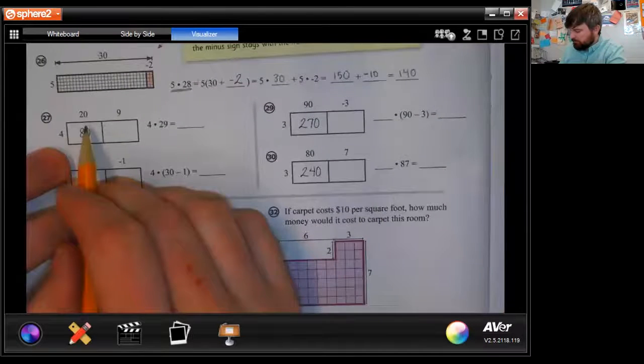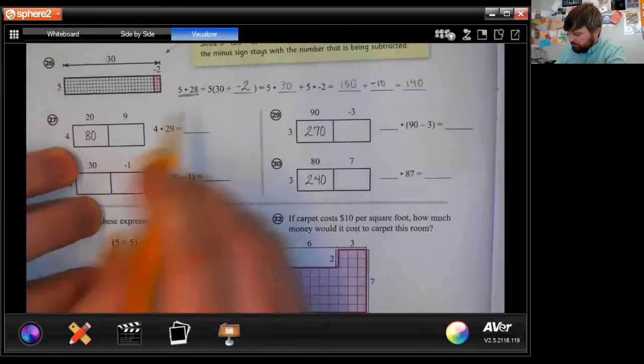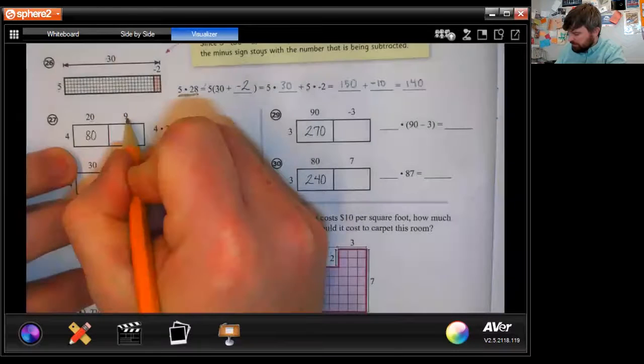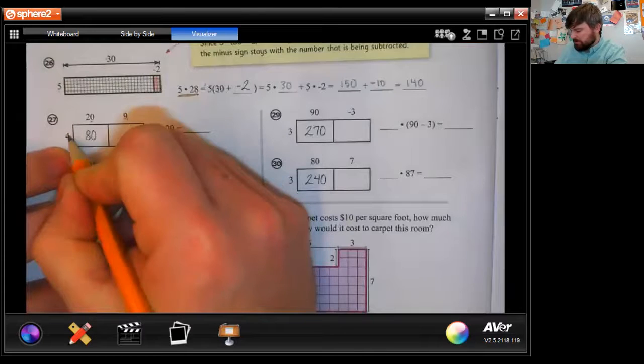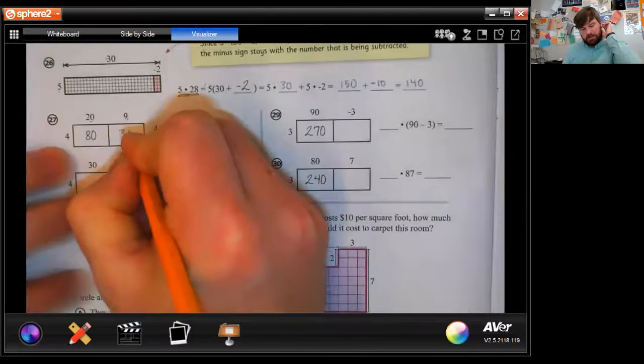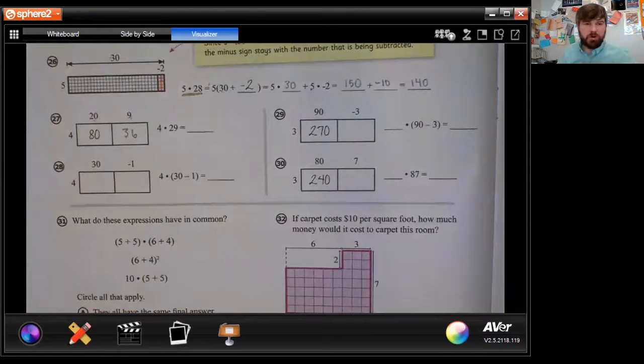So here we have 4 times 29, and they split it into 20 and 9. So you have 4 times 20 is 80, and 4 times 9 is 36. Again, that's one that you should know. We're splitting them into ones that you should know in your head already.